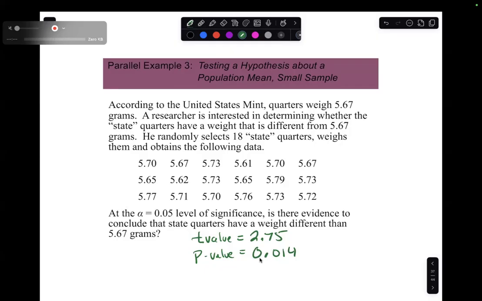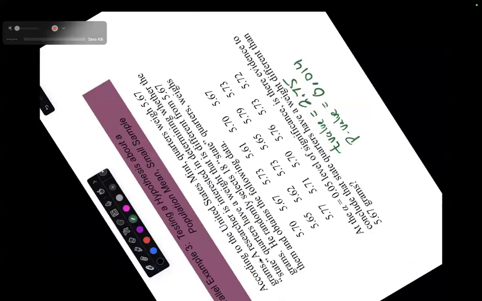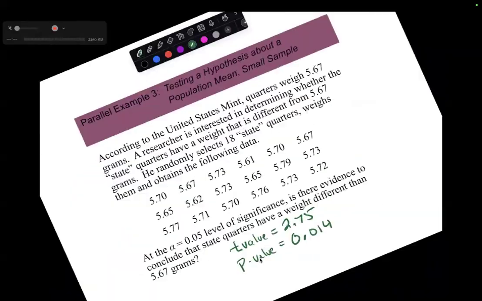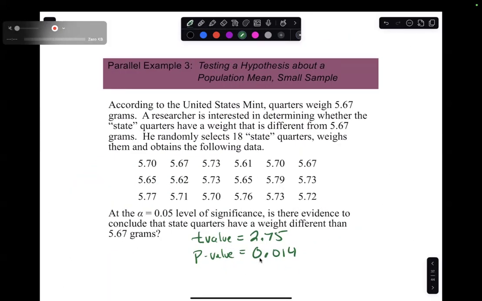However, if you wanted to use the test statistic compared to the critical value, I'm going to use the critical value based on half my alpha because this is a two-tailed test.